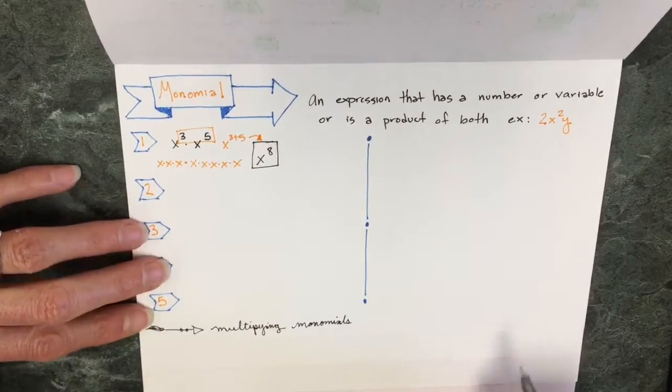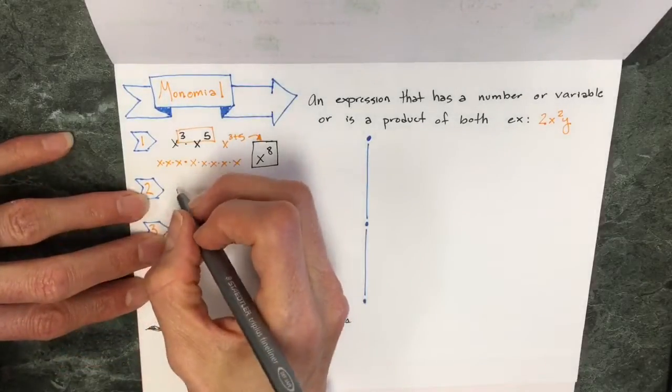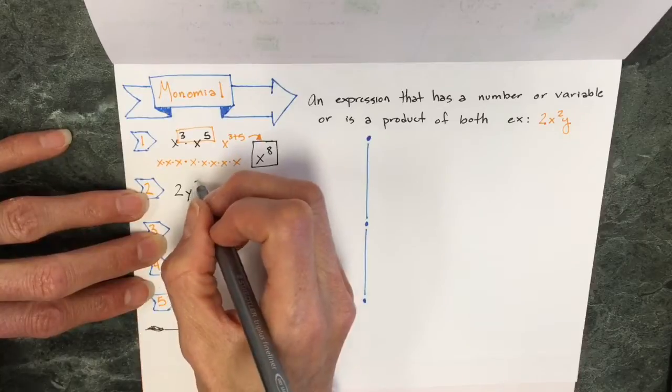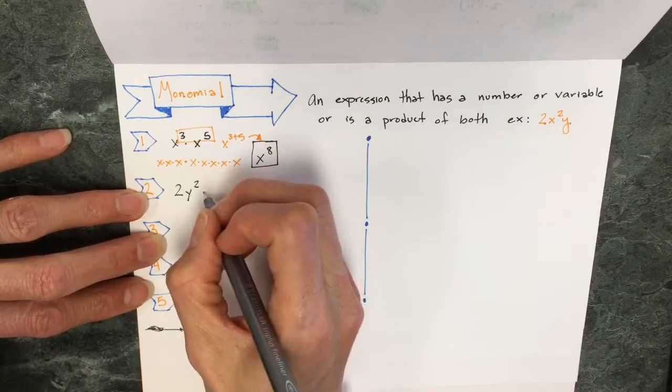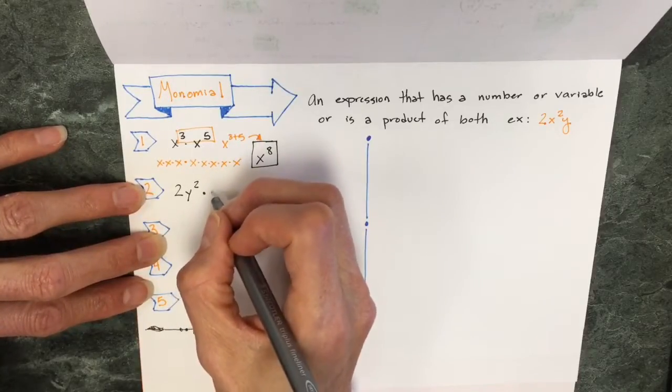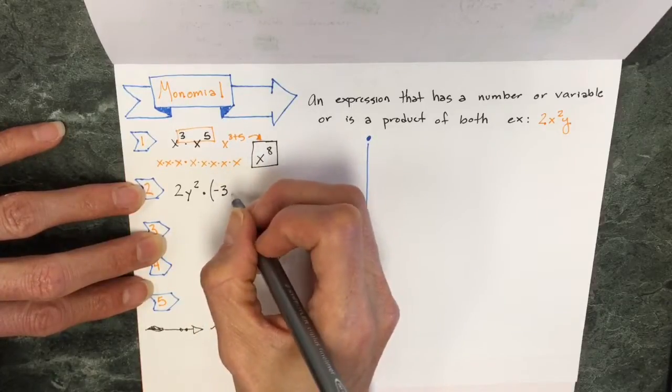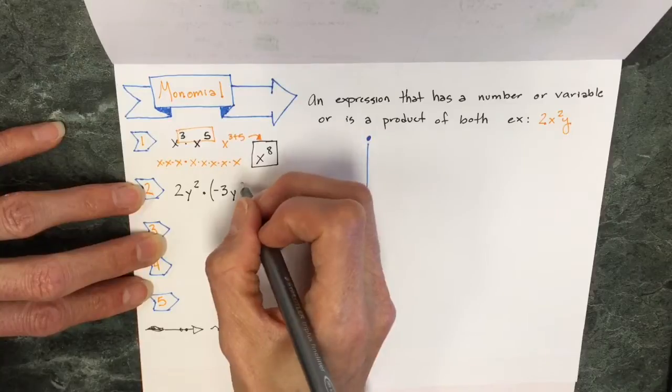All right, here's another example. A little more complicated. 2y squared, so monomial times another monomial, negative 3y to the 5th power.